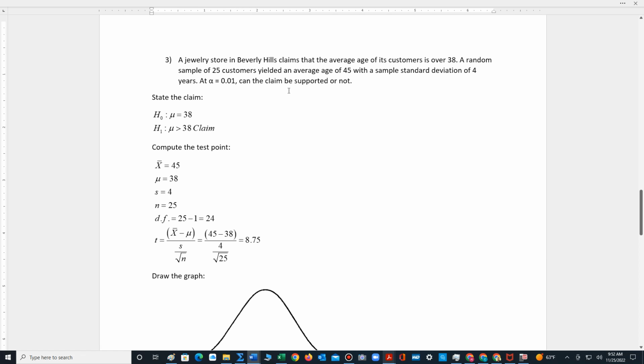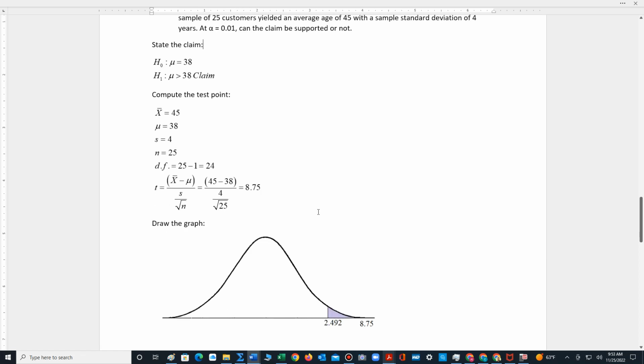And now we're provided with the sample standard deviation. So the sample standard deviation, that's S, is equal to 4. When we are given S, we have a t-test. So now we have to compute the degrees of freedom, which is n minus 1. So 25 minus 1 is 24.